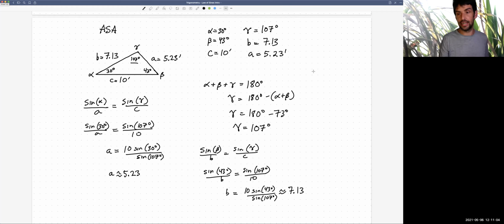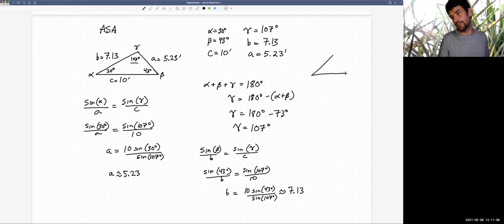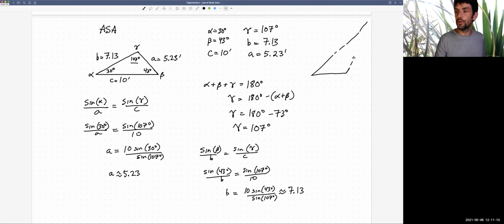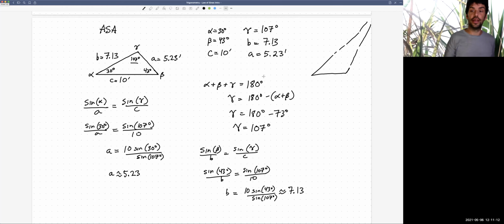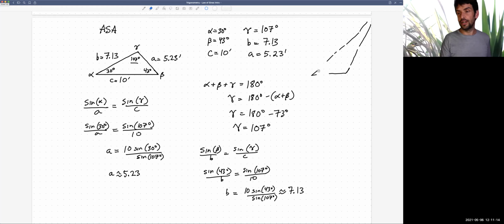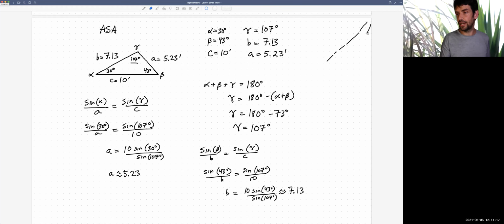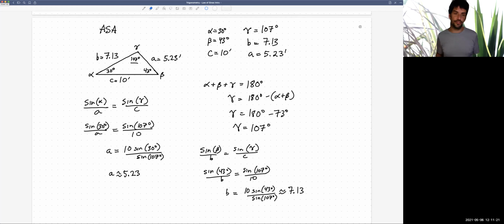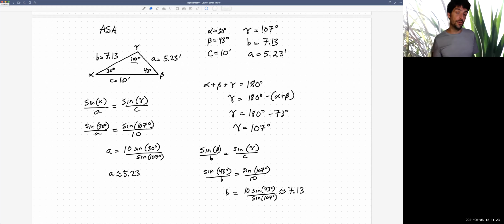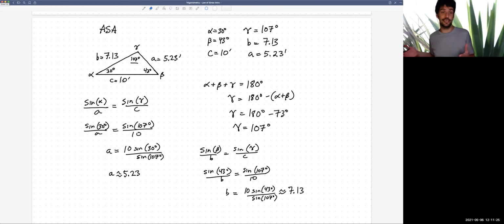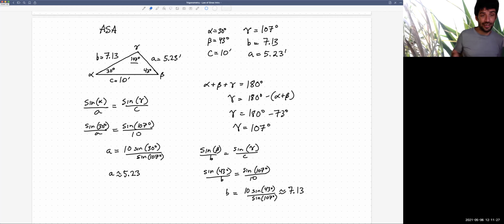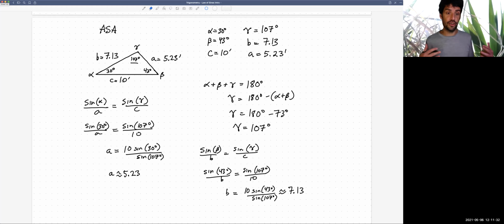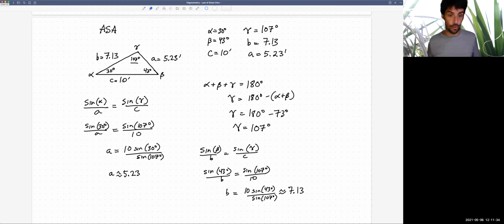We don't have something like a 30-degree angle and 100-something, where we're going to get a triangle that goes way, way, way out before the sides run into each other. So it's nice to do a little bit of approximating in your head based on what you know. And so this feels like it fits. Also notice that across from the largest angle is the longest side, and across from the smallest angle is the shortest side. That's how those ratios have to work.